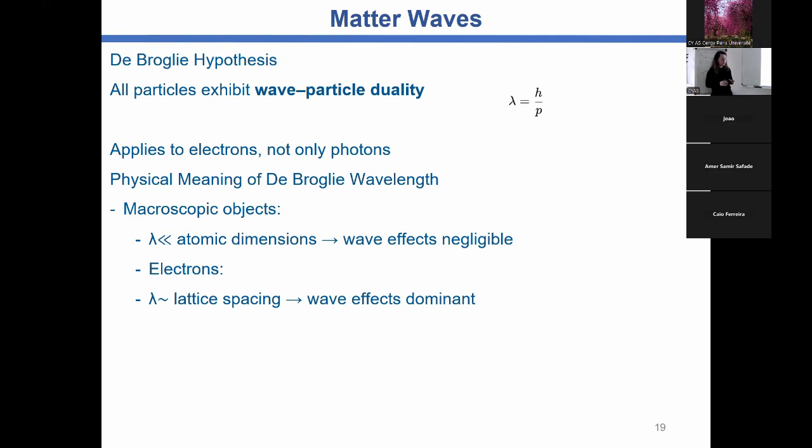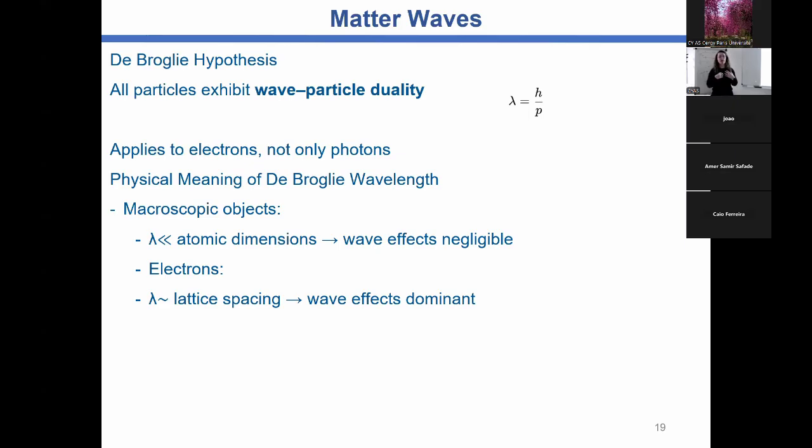And de Broglie at that time thought that if waves can be particles, why can't particles be waves? So he used this theory that could describe any particle as a wave.